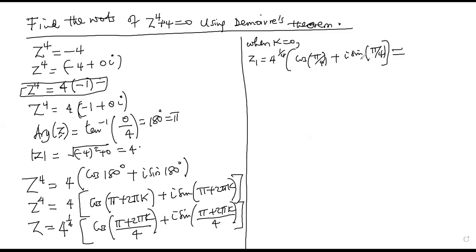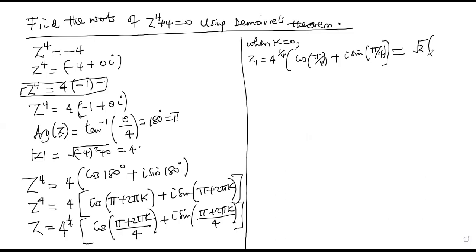When you summarize this up, the fourth root of 4 is root 2.